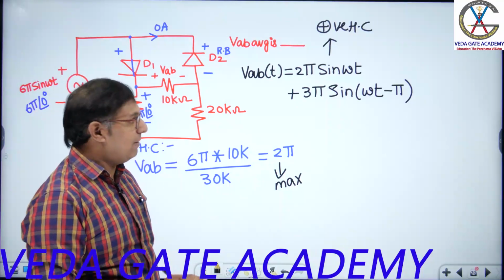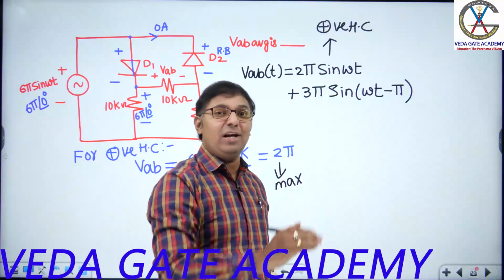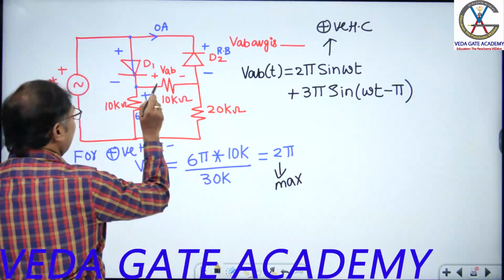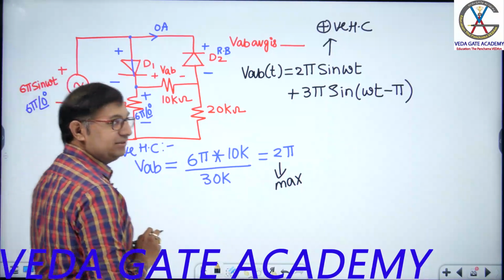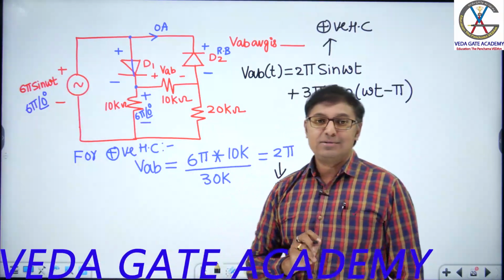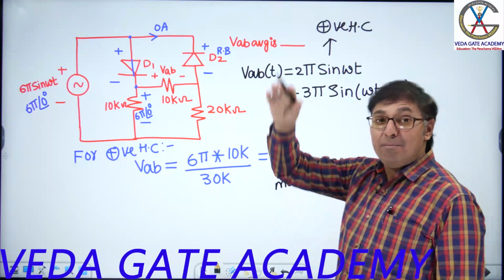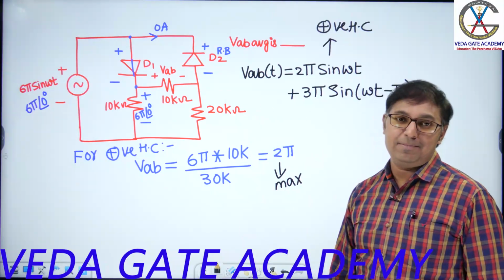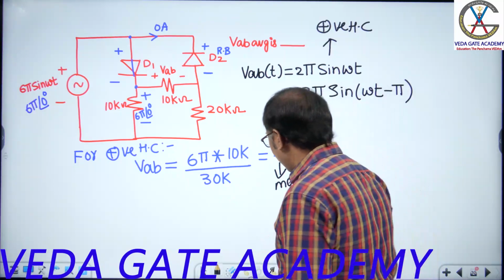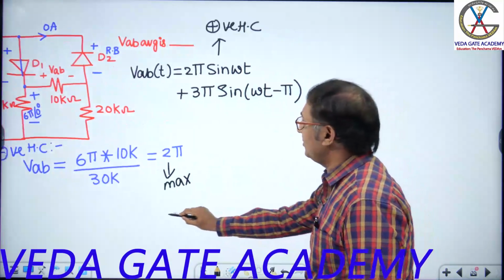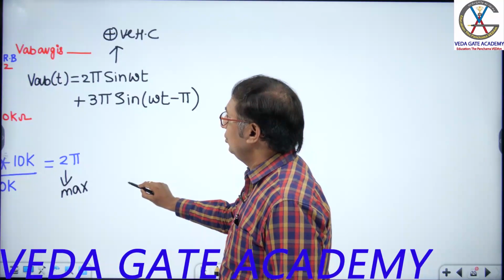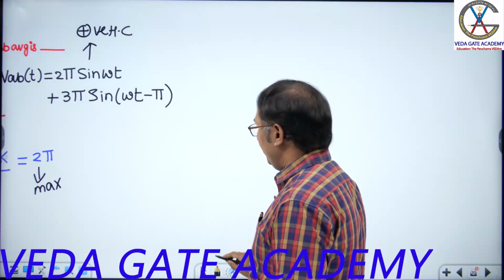Why minus π? Observe carefully: after 180 degrees only, this 3π peak amplitude will come. So I can draw this waveform like this. How can I draw this?